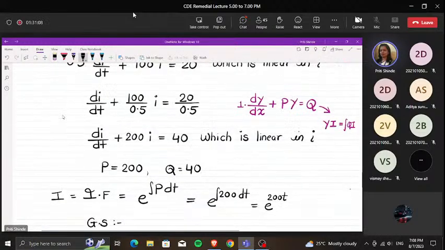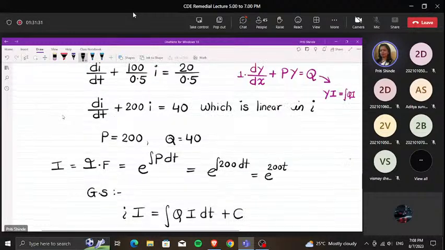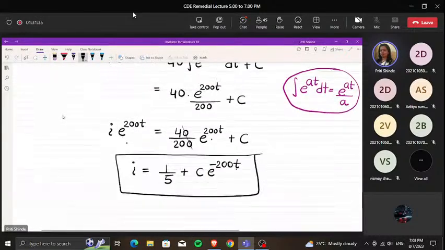This is just the solution of a linear differential equation which is linear in i. Instead of y, here the variable is i. So just revise how to solve a linear differential equation in y. Similarly, here you have to solve this linear differential equation in i. Carefully write down your P and Q and use your standard steps, integrating factor and general solution.